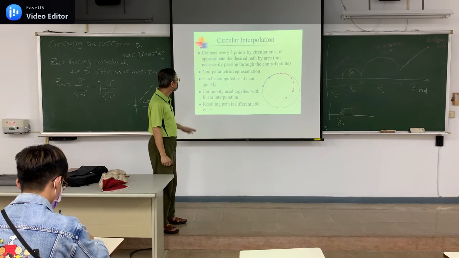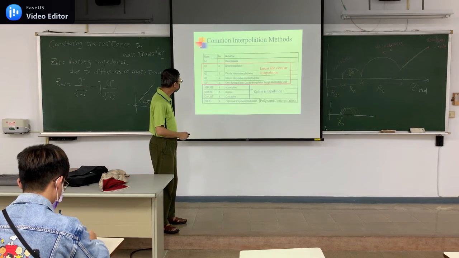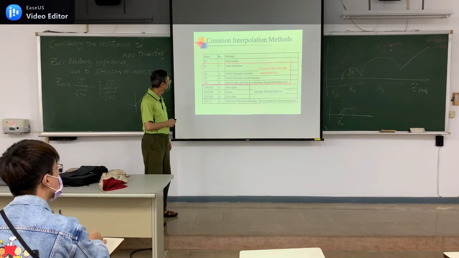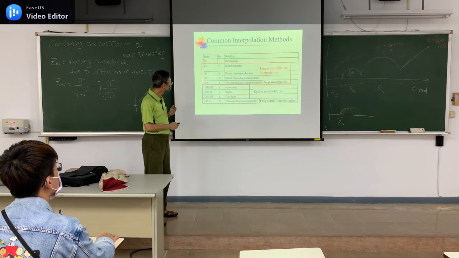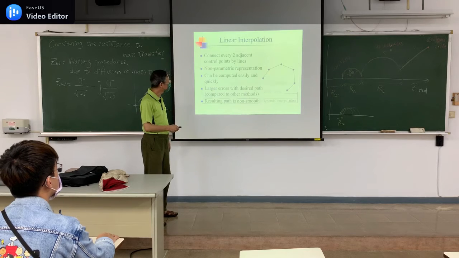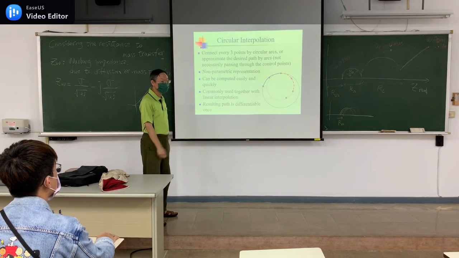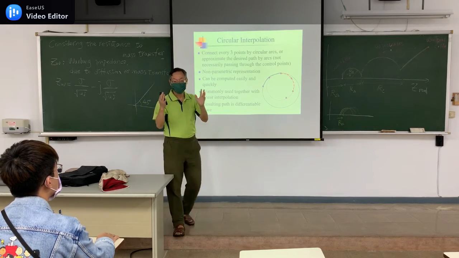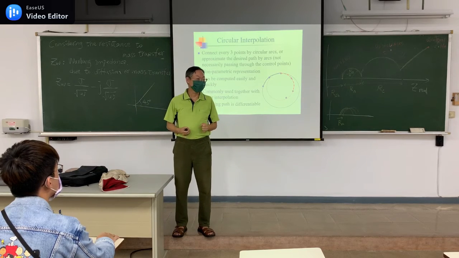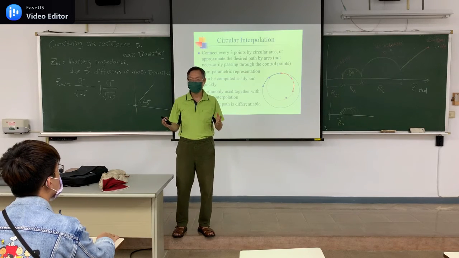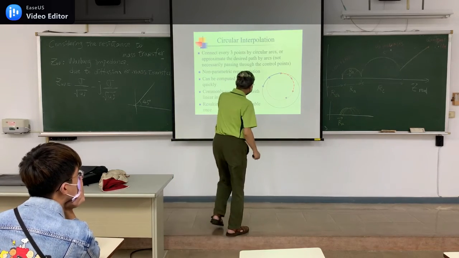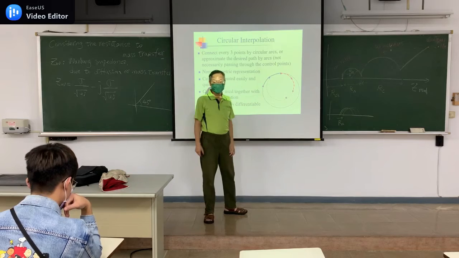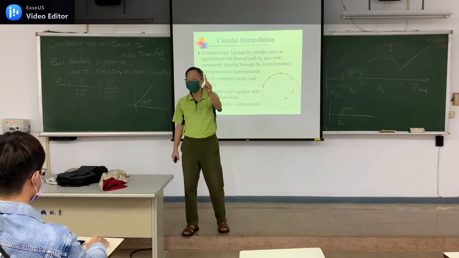Another circular interpolation is a different one. What I just introduced is the so-called circle through 3 points. In other words, every 3 points you can find a radius, right? High school mathematics tells us every 3 points determine one circle.